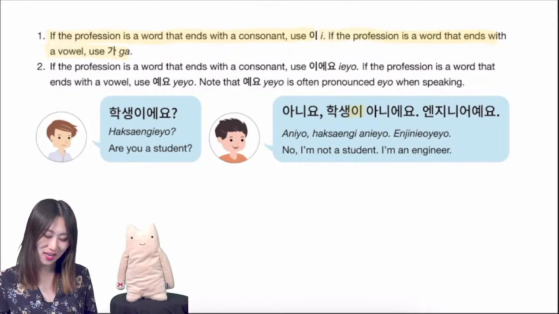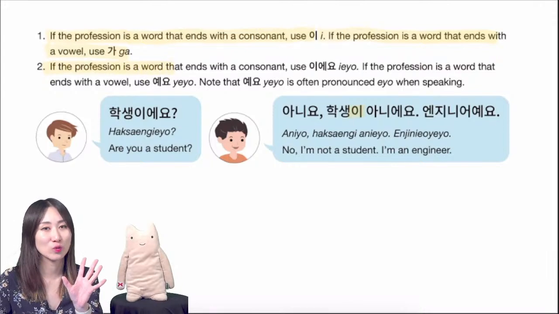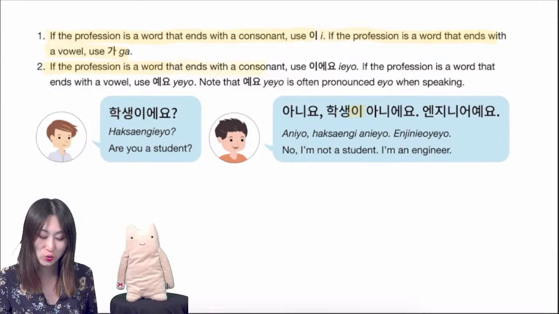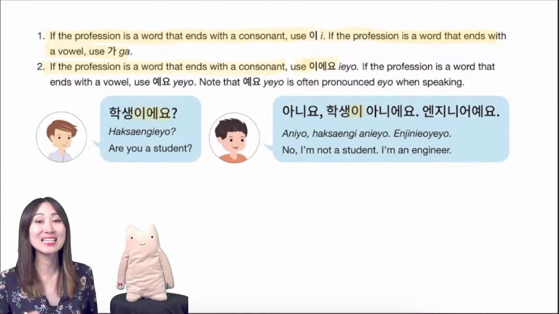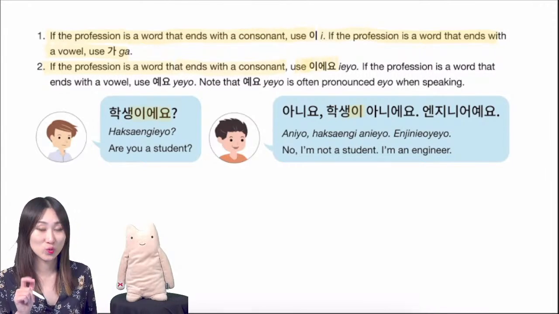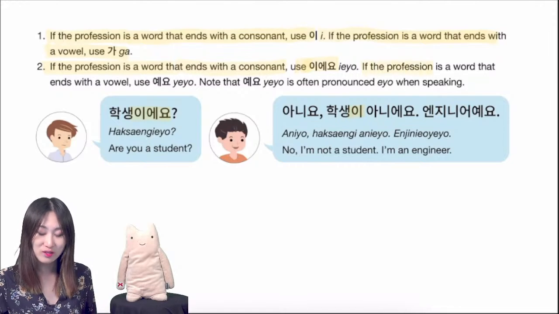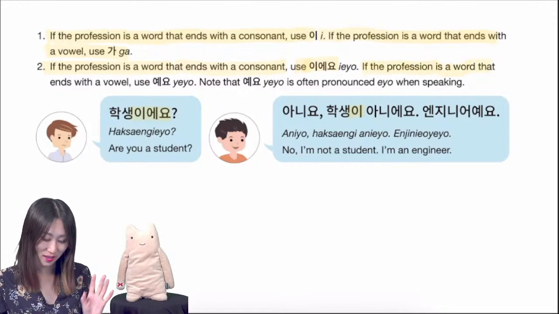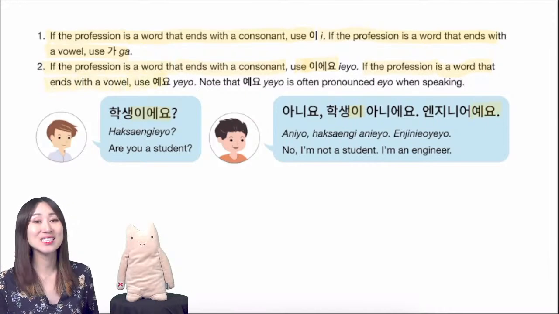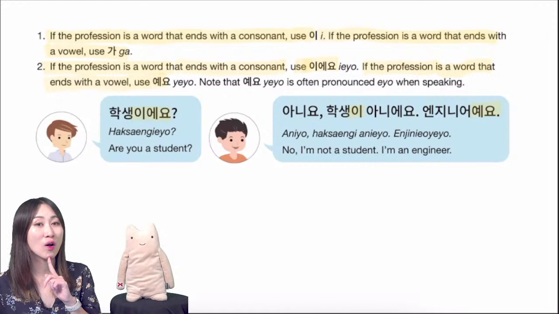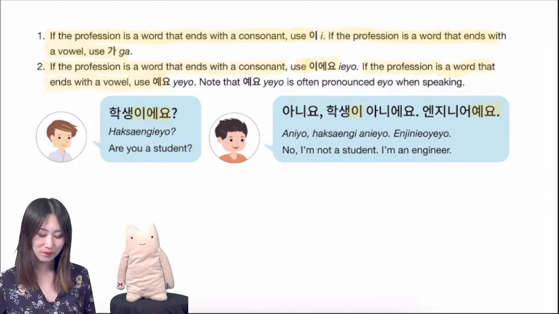And if it's a noun, not only a profession by the way, that ends with a consonant, use 이에요, such as 학생이에요, 학생 ends with a consonant. If the profession or a noun ends with a vowel, then use 예요, such as engineer, is a vowel, right? So 예요.